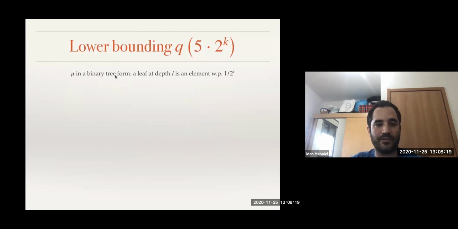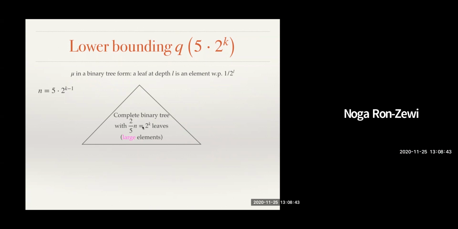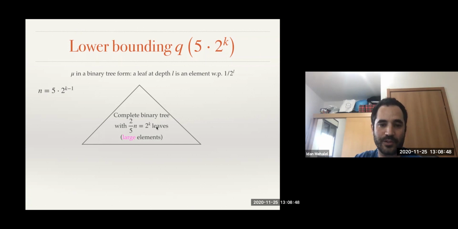So let's take a look at the distribution they constructed that gave this bound. It is convenient to look at the dyadic distribution in the form of a binary tree, because we can simply represent an element that has probability 1 over 2 to the L as a leaf at depth L. So this is our form of n, and what they did is construct a complete binary tree that has 2/5 n leaves, which are exactly 2 to the k leaves, which represent 2 to the k elements with probability 1 over 2 to the k.